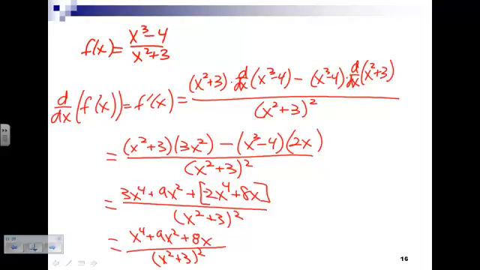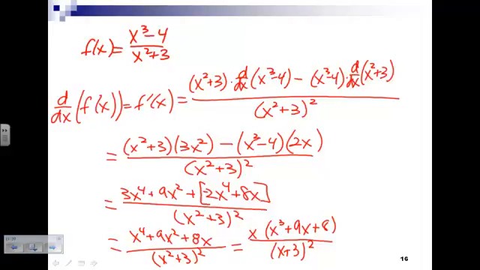There is an obvious factorization on the top. I can pull an x out. But I don't see the x cubed plus 9x plus 8 factoring any more than that.